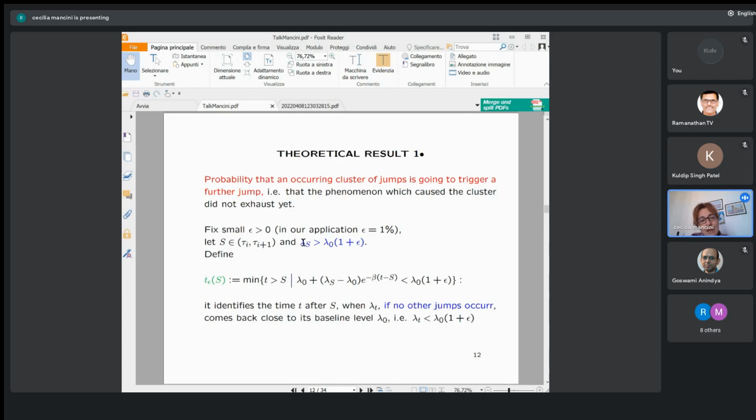And we assume that at the observation time, lambda is far from lambda 0. We define this T epsilon S, which is the first T after S when this quantity here, that I will illustrate in a few seconds, is below lambda 0, 1 plus epsilon.